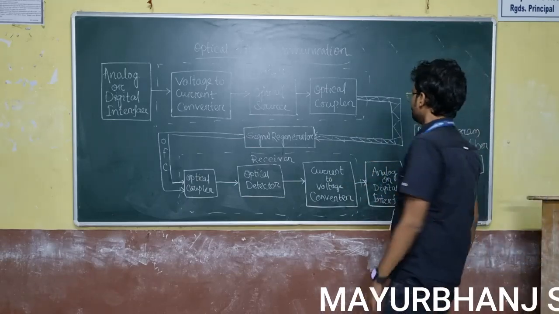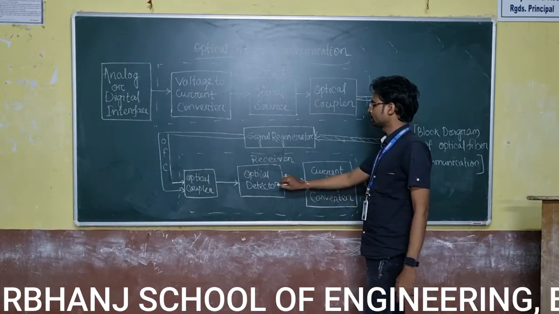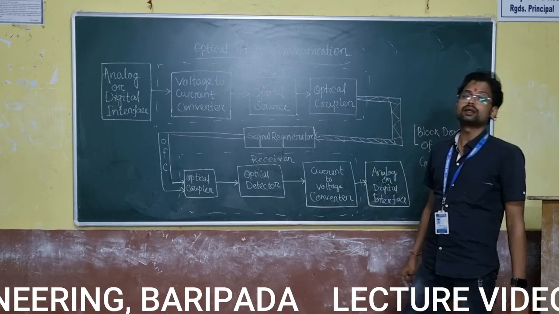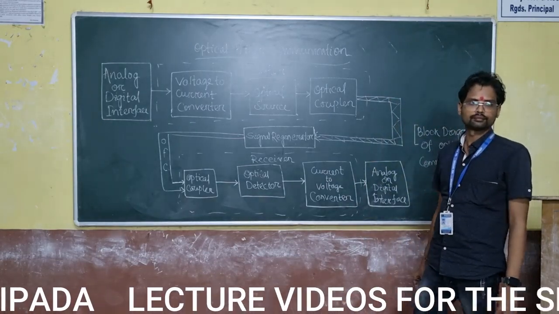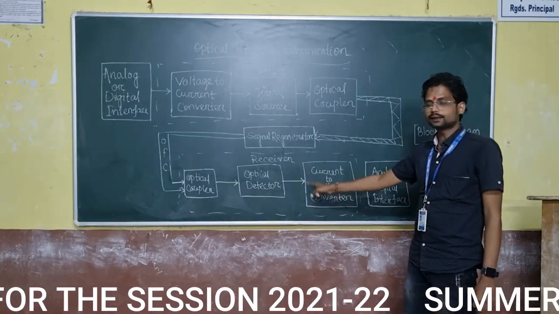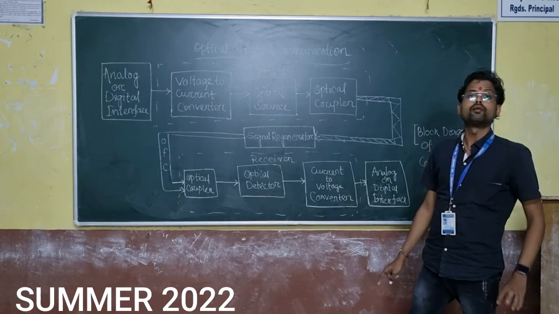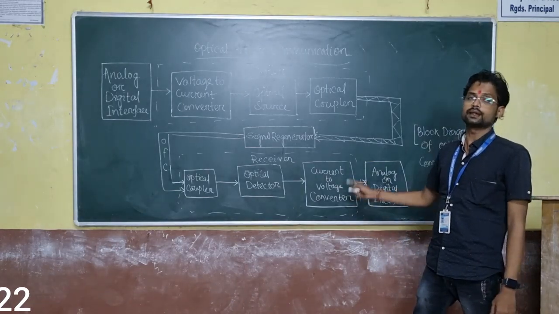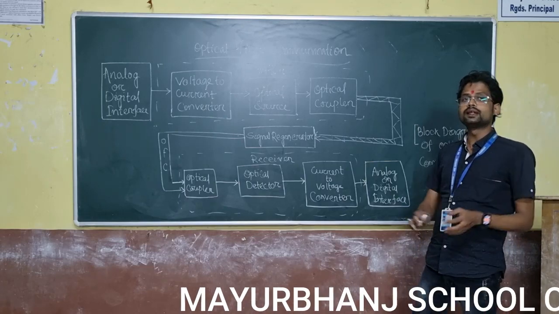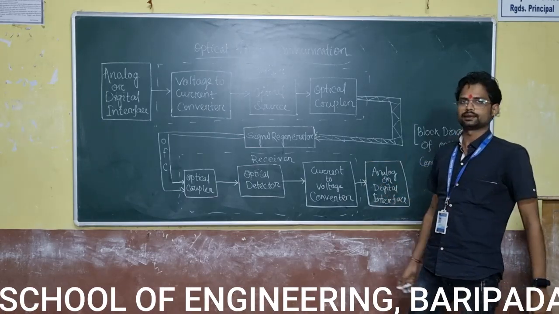Now the output of the optical detector will be directly fed to the current to voltage converter, because the signal is already in current form. The signal will next be converted by the current to voltage converter into voltage form.